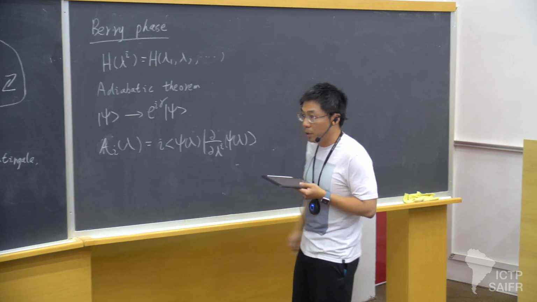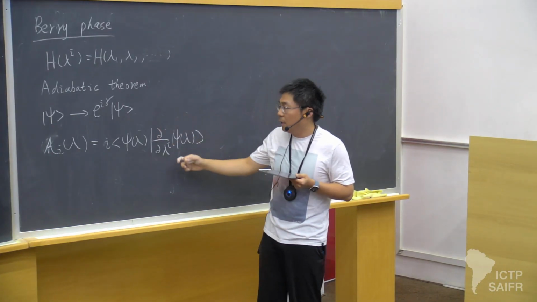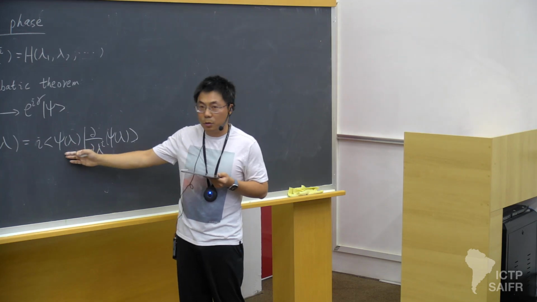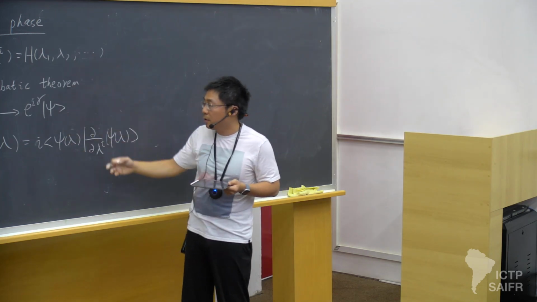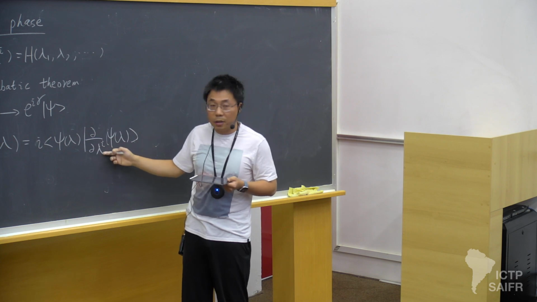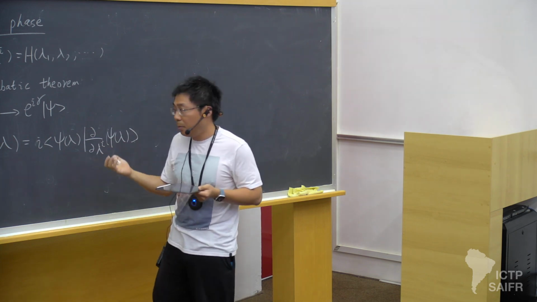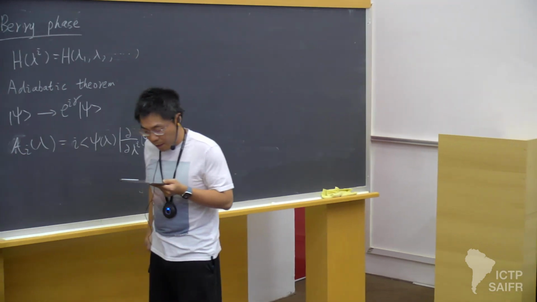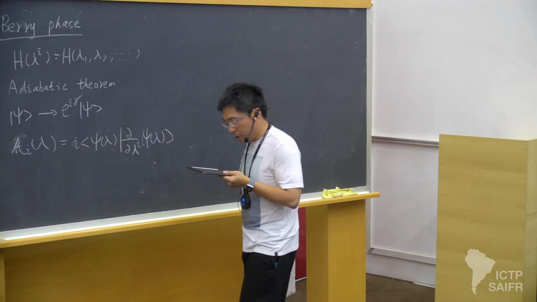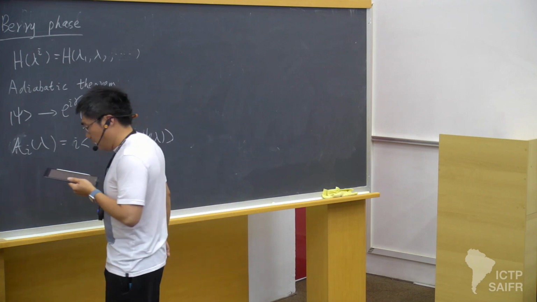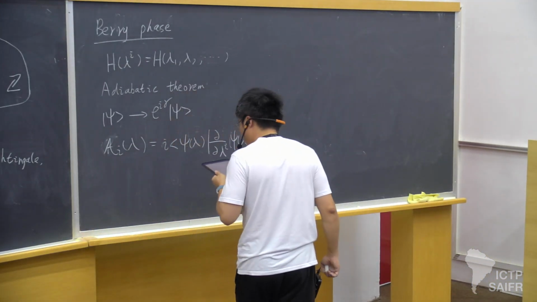That's really just the same thing, and it's very straightforward to compute. Let's say we have a wave function that depends on those parameters, then we just take a derivative with respect to some parameters, and then we get this Berry connection.